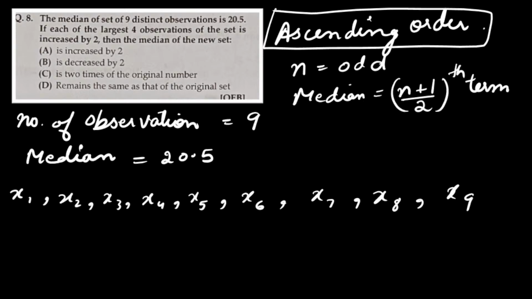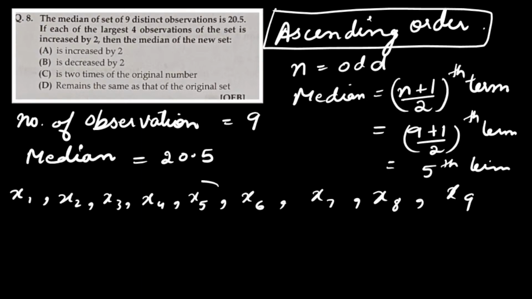In this case, as the number of terms is odd, which term will be the median? 9 plus 1 by 2, that particular term. 9 plus 1 is 10, 10 by 2 is equal to 5. So the fifth term is the median.